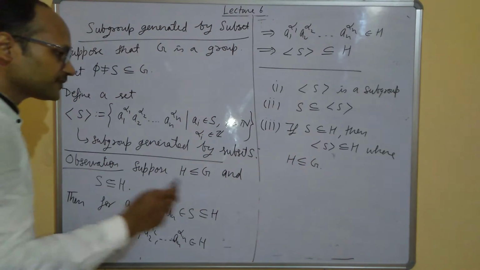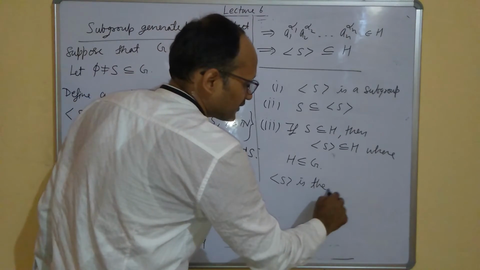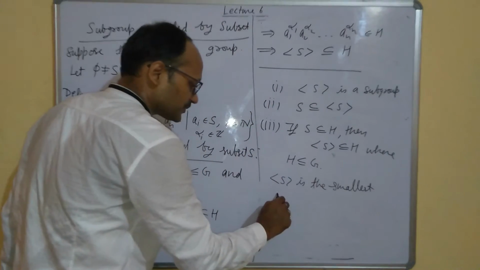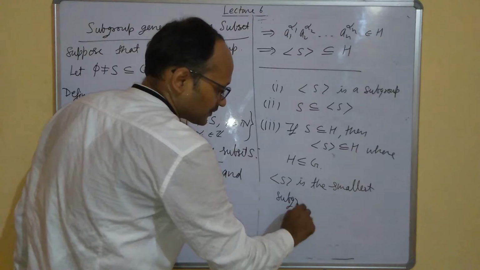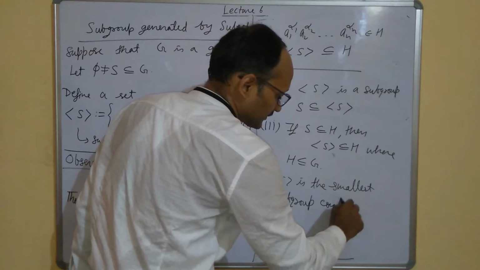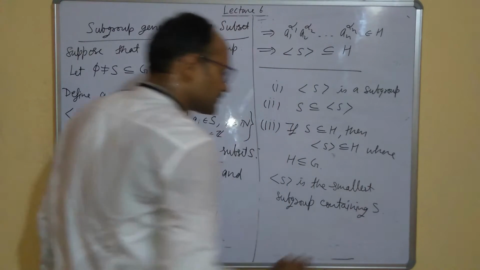So we can say that this is the smallest subgroup containing S. Why smallest?